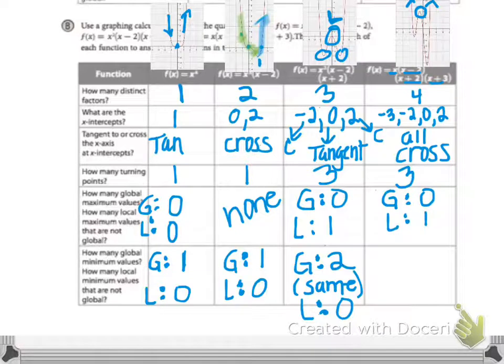You can use the graphing calculator to do that, but in this case we just want to know how many. And so that one's a local. And then minimum values. There's actually one minimum that is local. So this one's a local minimum right here. And then this is a global minimum right here, because that's as low as it absolutely gets. So there's one global or absolute, and there's one local minimum.